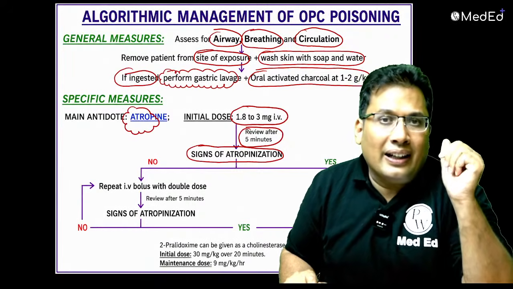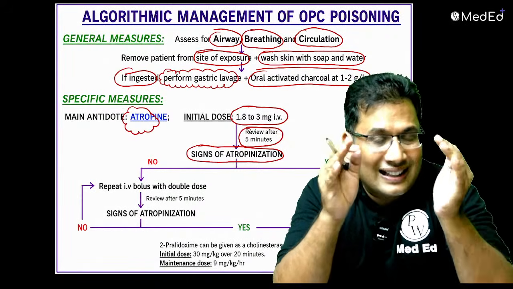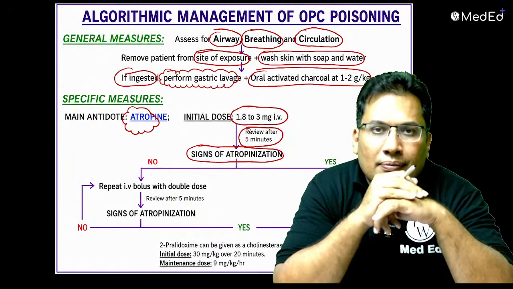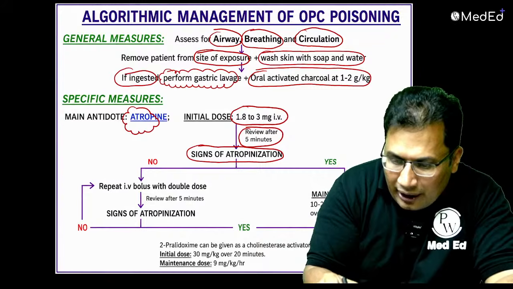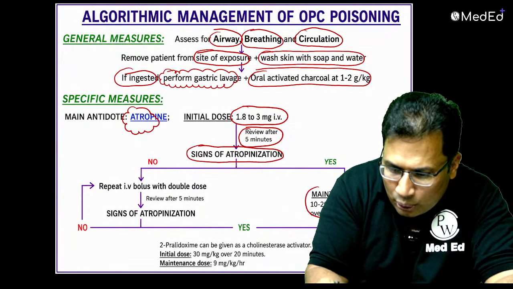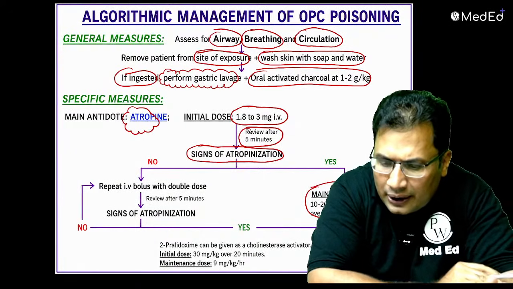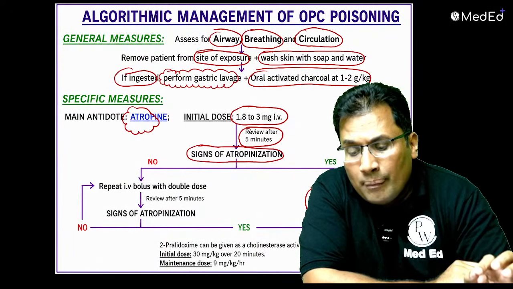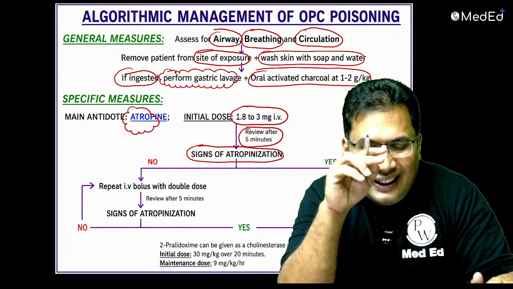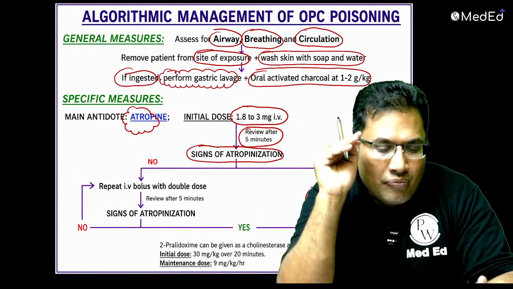The confirmatory sign to stop atropine is dry secretion, dry chest. Now, if yes, then you can give maintenance dose, 10 to 20% of total initial dose over 1 hour IV infusion. So 10 to 20%.